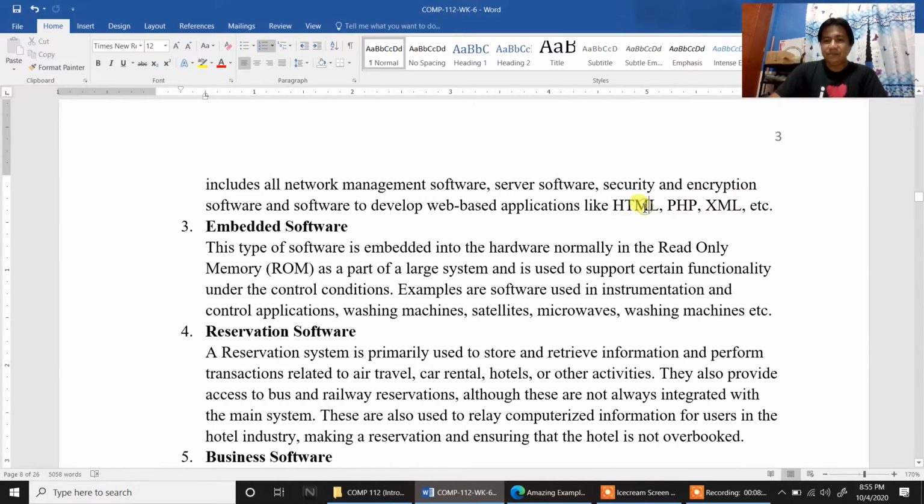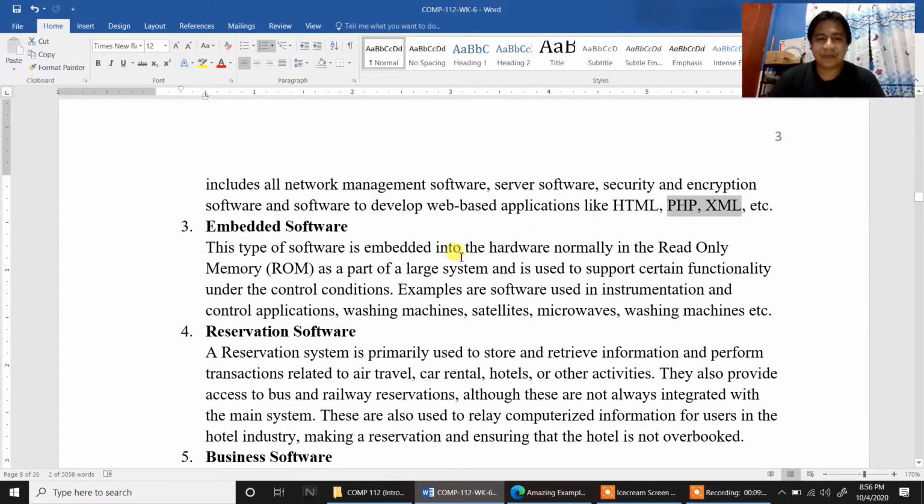I think during your high school, you had basics in HTML, and you know already what an HTML is. Unlike PHP and XML, these are languages you will learn if you proceed to the higher computing field, like the programming language.